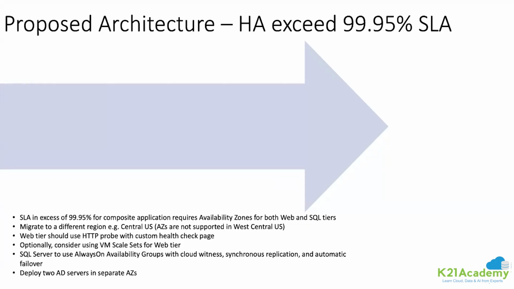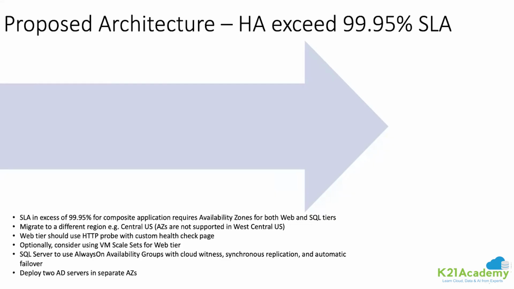So SLA exceeding 99.95% for a composite application requires availability zones for both web and SQL Server. You cannot achieve SLA only for the application tier, right? You need your database also to be highly available. You have to design and plan in a way so that both will be addressed and managed in that particular scenario, correct? So that is something we need to think about. Migrate to a different region, for example, Central US.